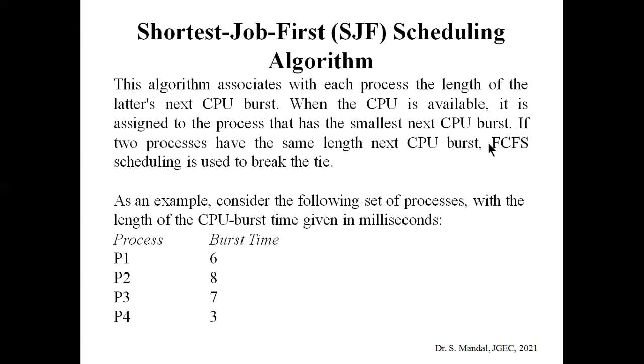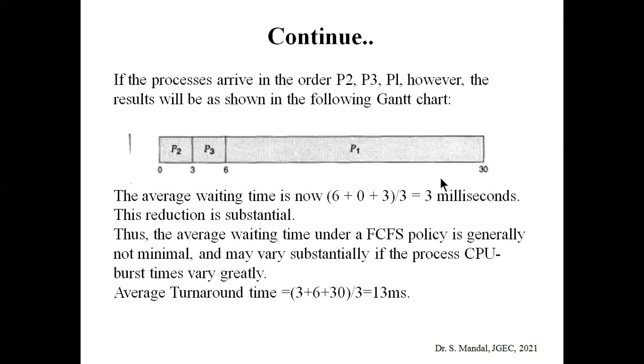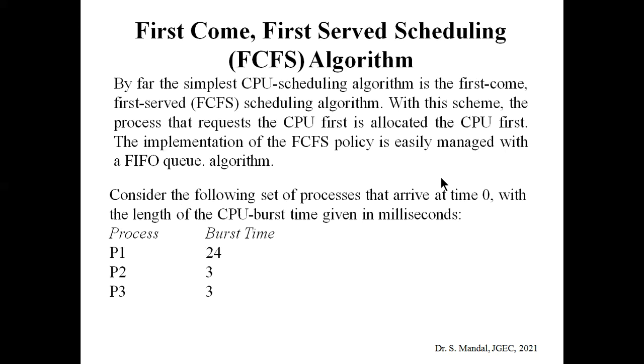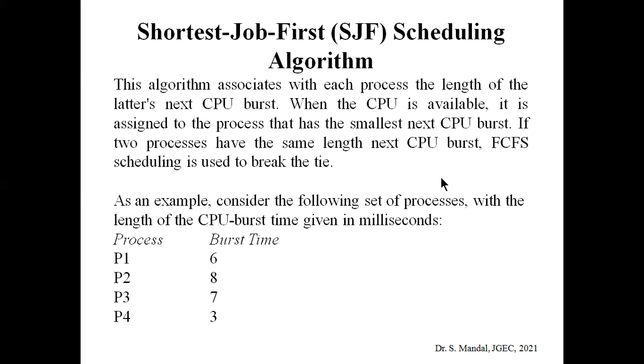Suppose P2 and P3 both have the same burst time. So in that case, to break the tie, we need to use the FCFS algorithm, first come first served. That means the process which came initially will be selected.